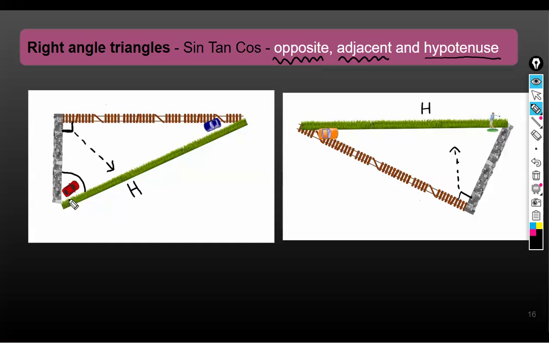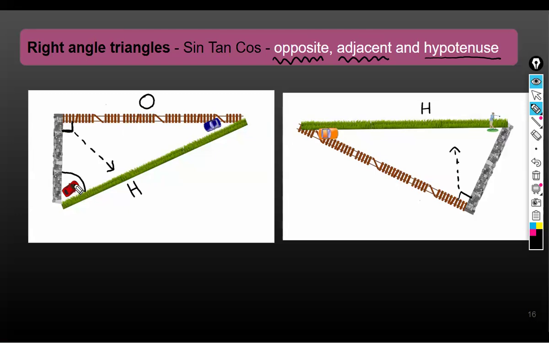There are two sides left. The board fence and the wall. If I am standing by the red car, isn't the wooden fence the opposite side, opposite to the angle where I'm standing by? And so who would be the adjacent?